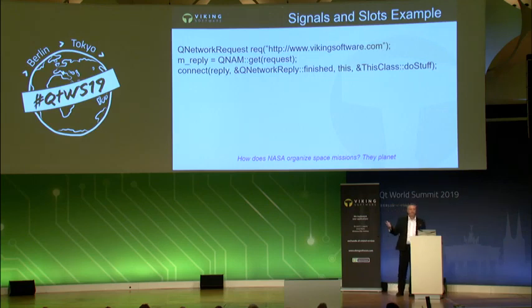Now, the reason this is a bad example is actually because there is a better way to do this specific one. It's not a bad example of what a signal and slot does. You just connect your standard visitor pattern slot to a signal, so whenever that signal is emitted, your slot gets called. It is a standard visitor pattern in that respect.